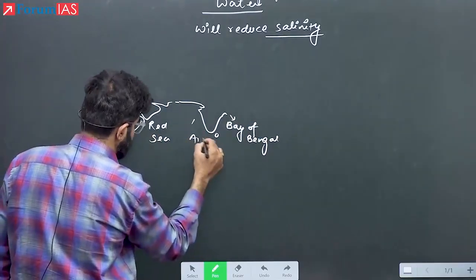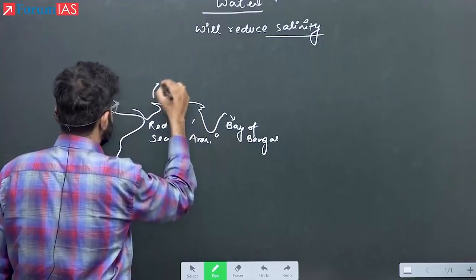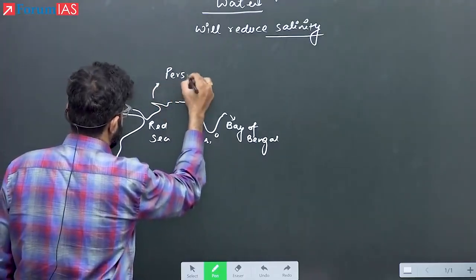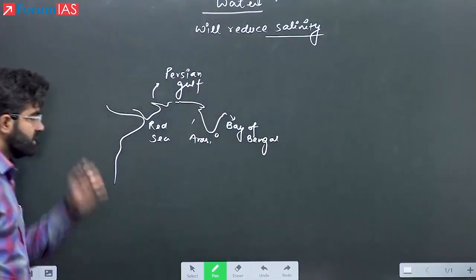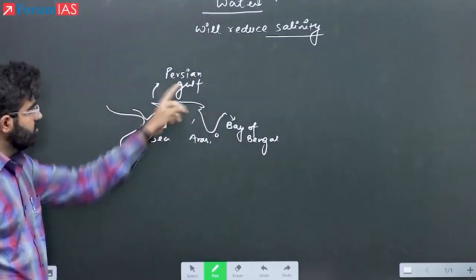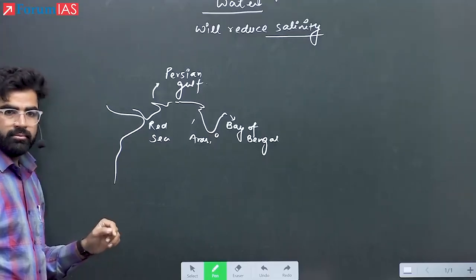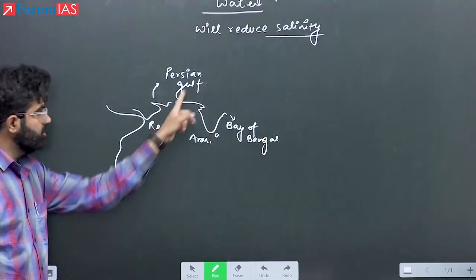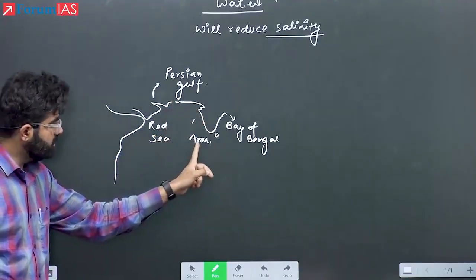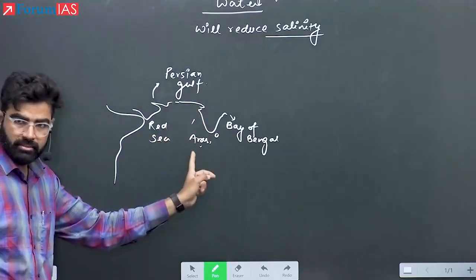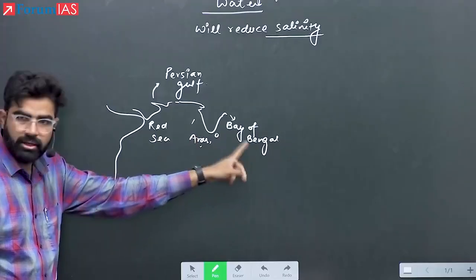We have the Arabian Sea here, and the Persian Gulf is here. Now tell me where the salinity was highest, Red Sea or the Persian Gulf? In between these two, Red Sea or Persian? Red Sea. Then it was Persian. Then compared to this, the Arabian Sea had more salinity.